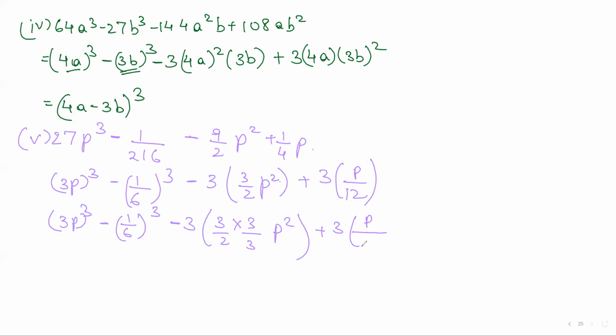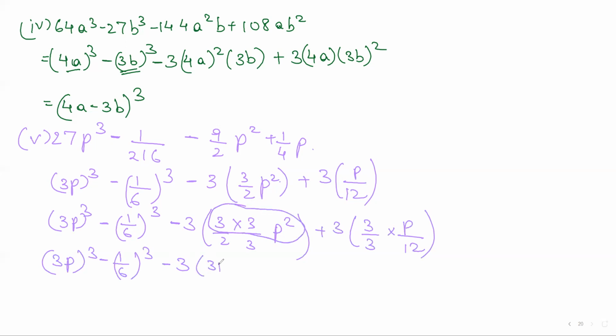Here also, we know that at least one term is going to be 3p. So, to have 3, you multiply by 3, divide by 3. This is equal to 3p whole cube minus 1 upon 6 whole cube minus 3 into 3p whole square into 1 upon 6, plus 3 into 3p term, then you're left with 1 upon 12 into 3, 36.